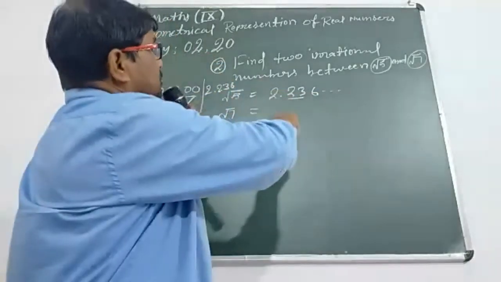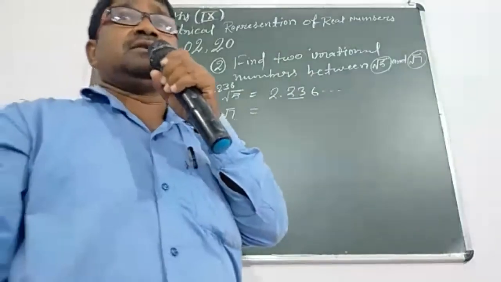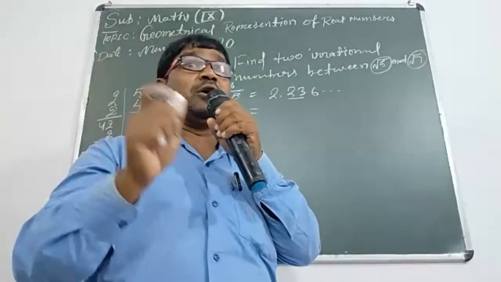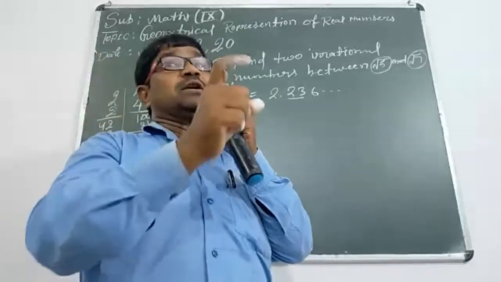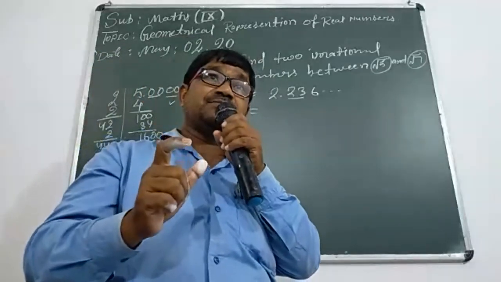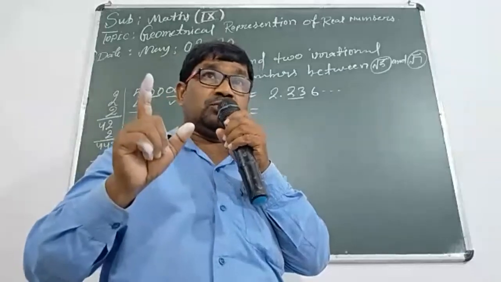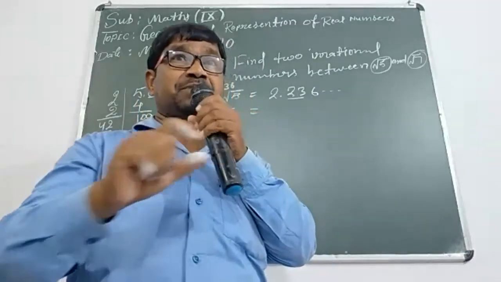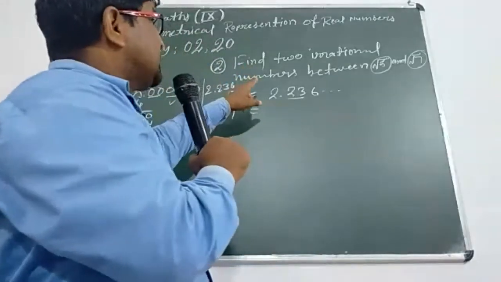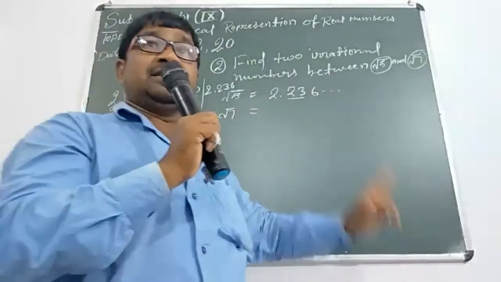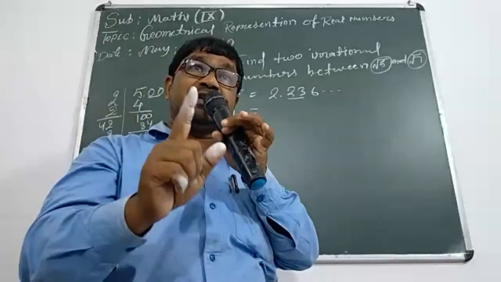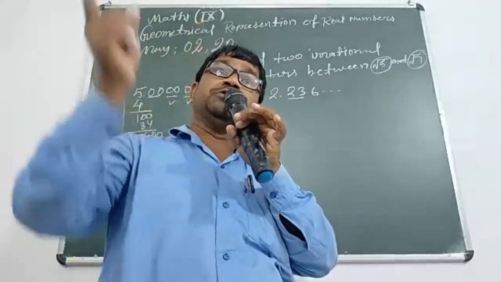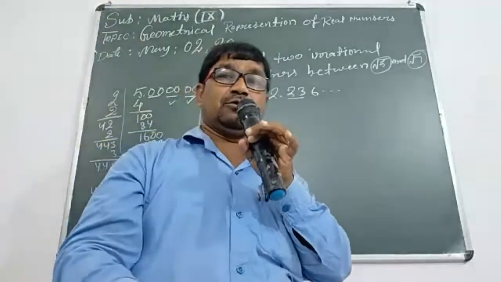And according to your previous question, you can find the non-terminating, non-repeating 2 numbers. Now you can do. In this way, we have completed finding rational or irrational numbers between two rational or between two irrational numbers.